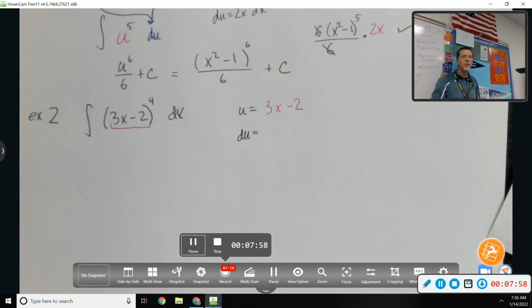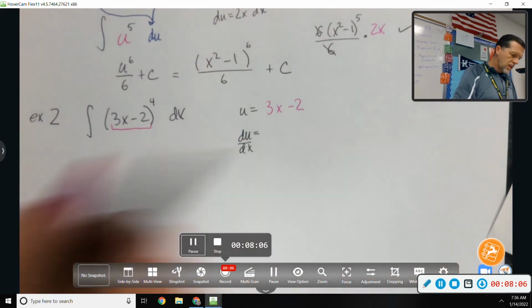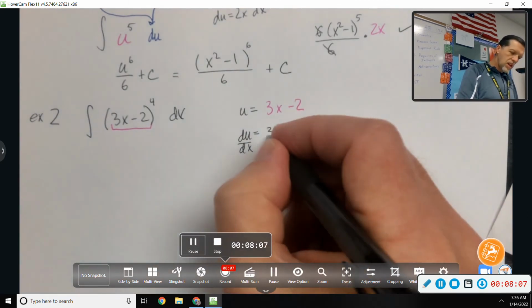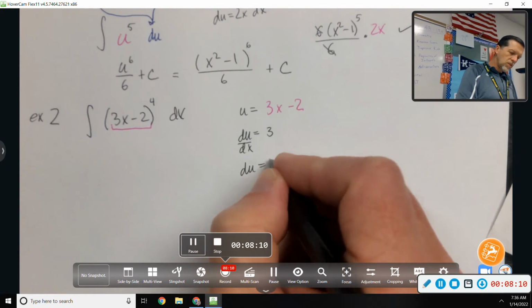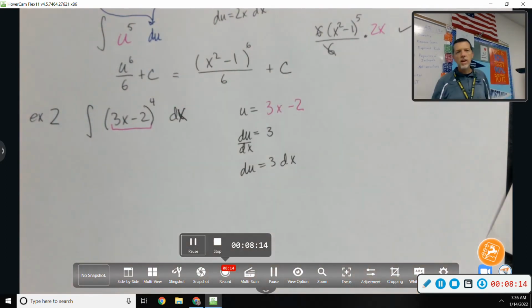And then what would the derivative of 3x minus 2 be? 3. So du is 3 dx. Okay, well I don't have 3 dx.